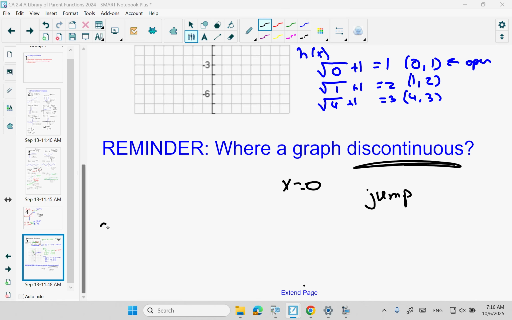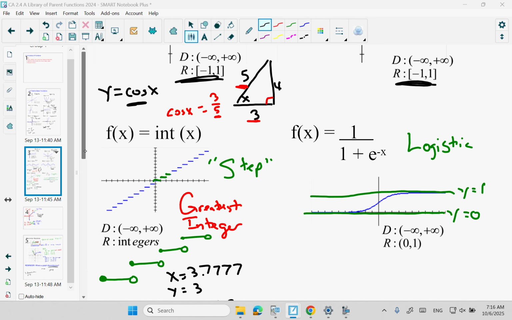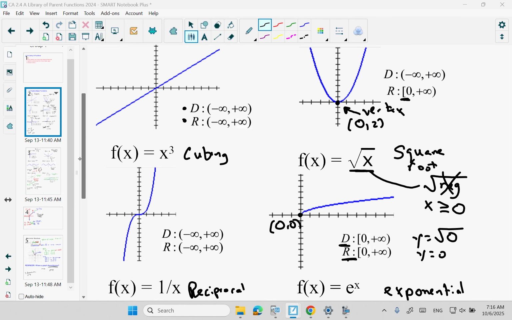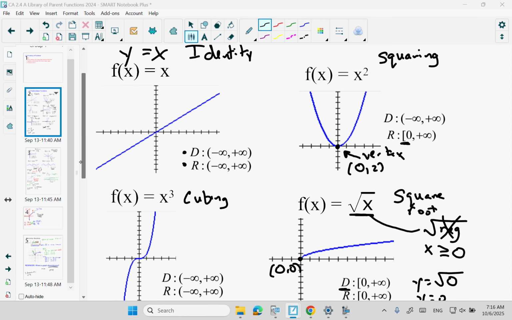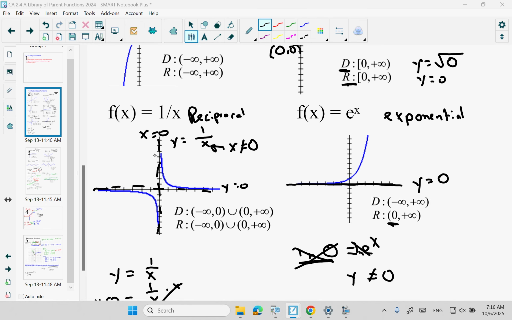There are three major types of discontinuities. Jump we just talked about. I'm going to flip back a couple slides here. We have what's called the asymptote, like the reciprocal function. Right here, this asymptote, this line I never ever cross.